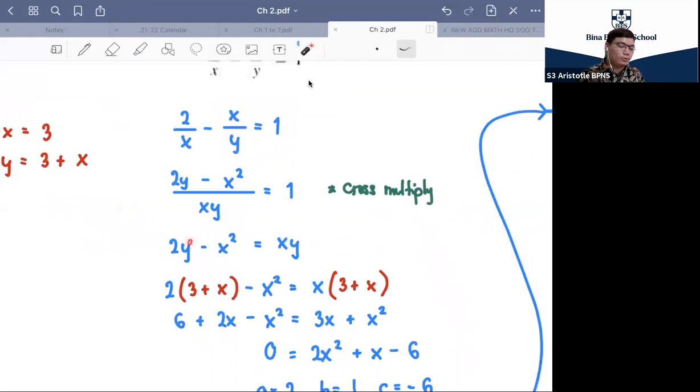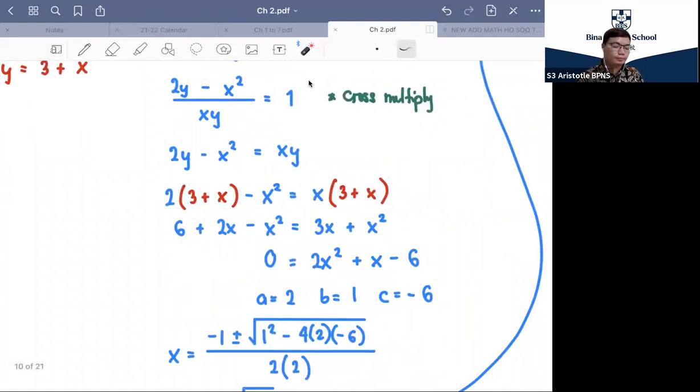Okay, so 2 times y becomes now 2 times 3 plus x, and then this one, bring down. So x times y becomes x times 3 plus x. So we did it twice. Okay, so removing the brackets, you'll get this. Bring down this. Also, removing the brackets, you'll get 3x plus x squared. And then change this to standard form.